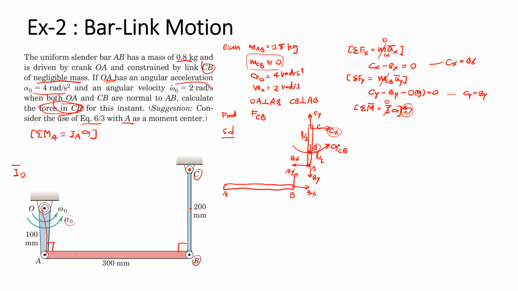The summation of moment by Cx and Bx generates the clockwise moment, so minus Cx L per 2 and minus Bx L per 2 equal to I bar alpha, but I bar 0 because we neglect mass, so minus Cx should equal to Bx, but Cx itself also equal to Bx.